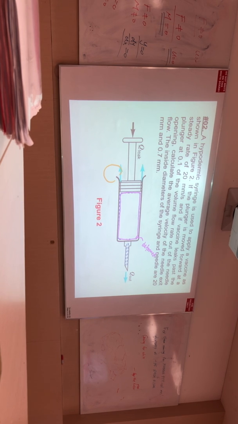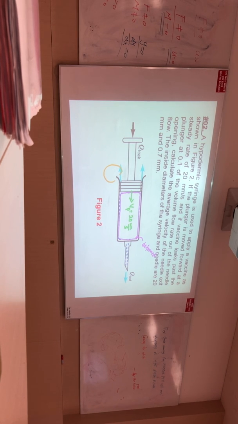So what can you write? If the plunger is moved forward at a steady flow rate of 20 millimeters per second, that means its velocity is 20 millimeters per second. I said this is V1, whatever, so the plunger velocity is 20 millimeters per second. It is given.